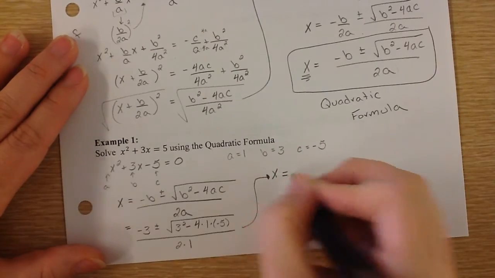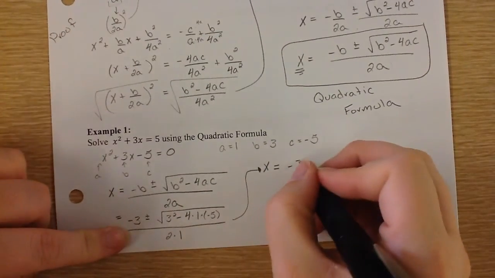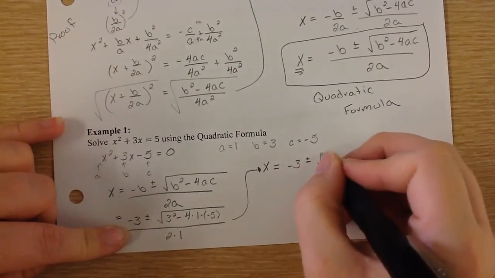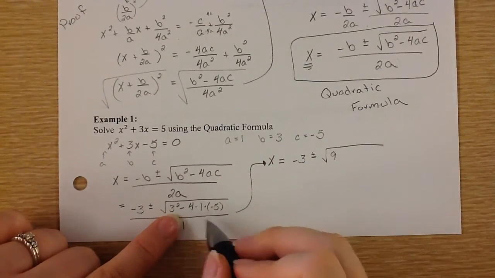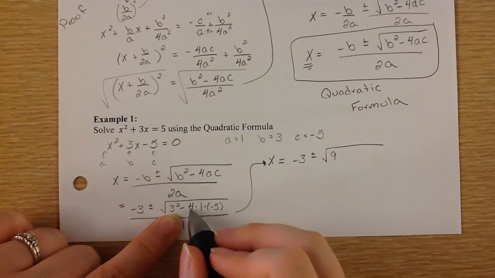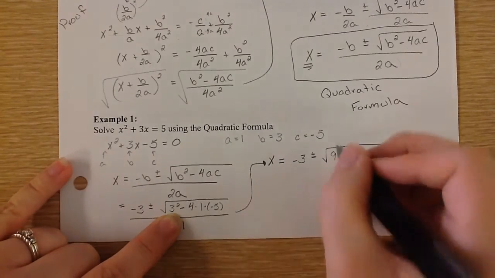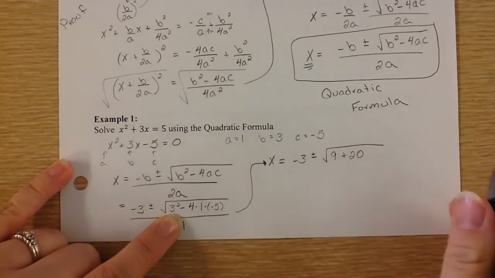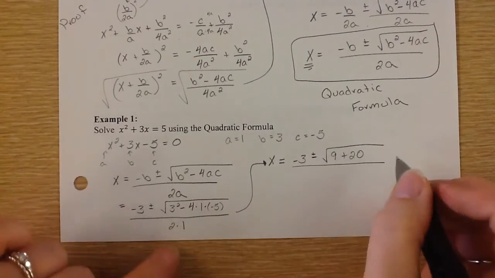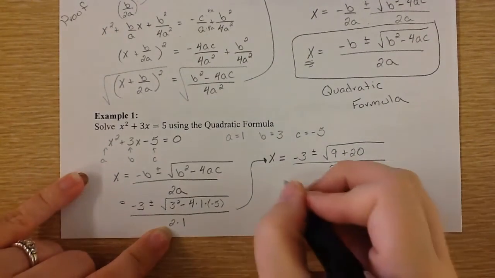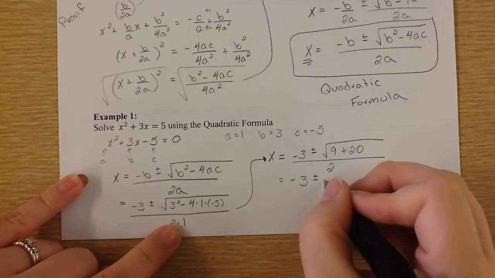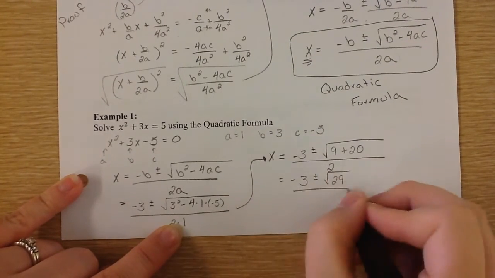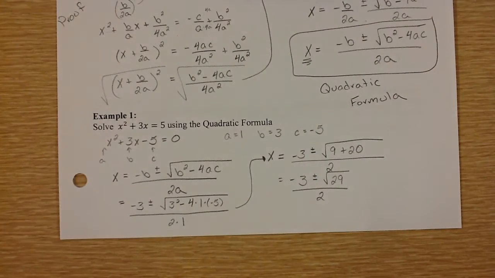So my x now is going to equal negative 3 plus or minus the square root of, now let's simplify, 3 squared is 9, minus 4 times 1 times negative 5. 4 times 1 is 4. So that would be positive 20, all over 2 times 1. So we get negative 3 plus or minus the square root of 29, over 2.